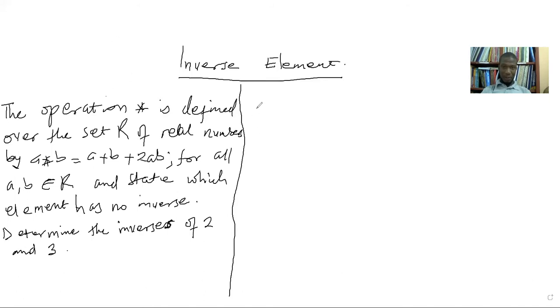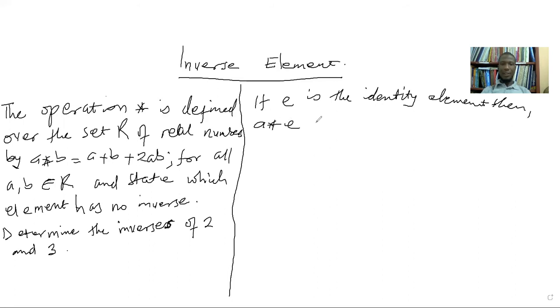So we say that if E is the identity element, then A star E should be the same as E star A, and that should give us our A back because the identity element doesn't change the number.